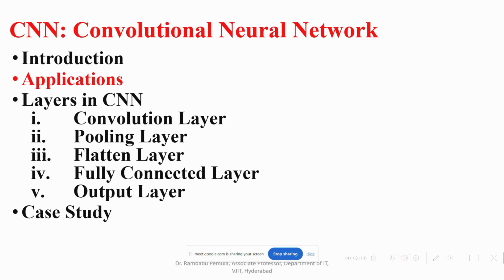In the previous class, we discussed artificial neural networks. An artificial neural network contains two things.